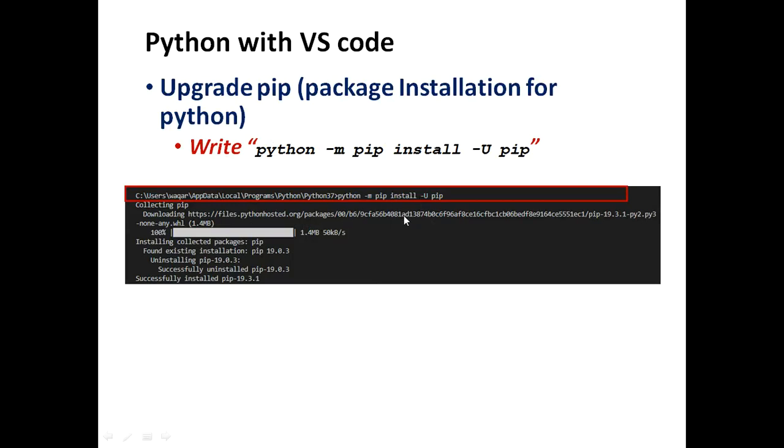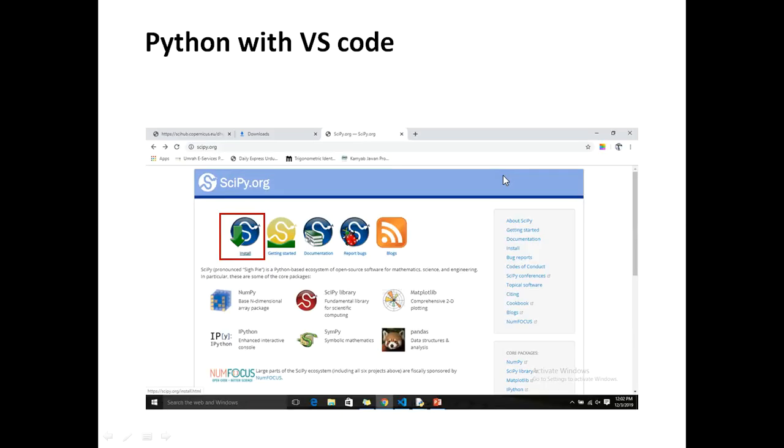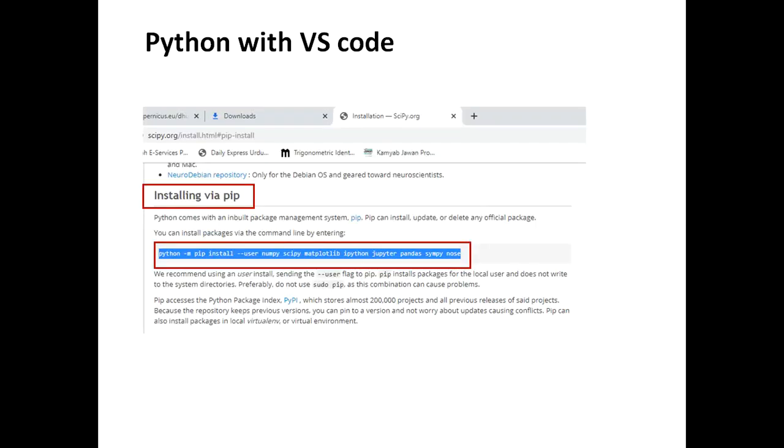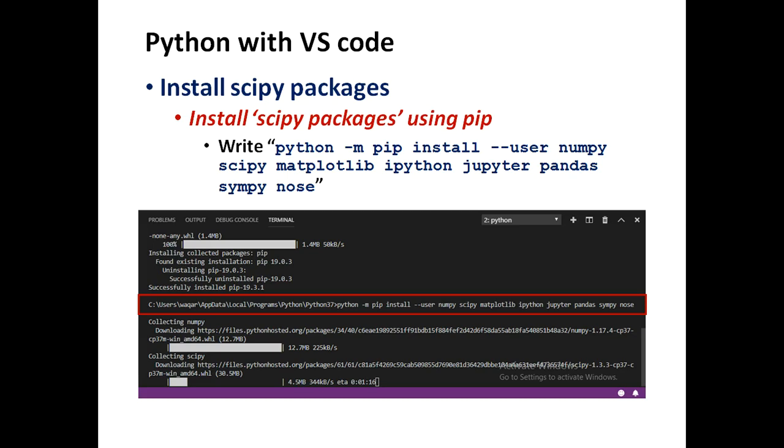The same procedure you have to follow: you install pip and upgrade pip, and then integrate the similar stuff, however writing in the command window provided by Visual Studio Code.